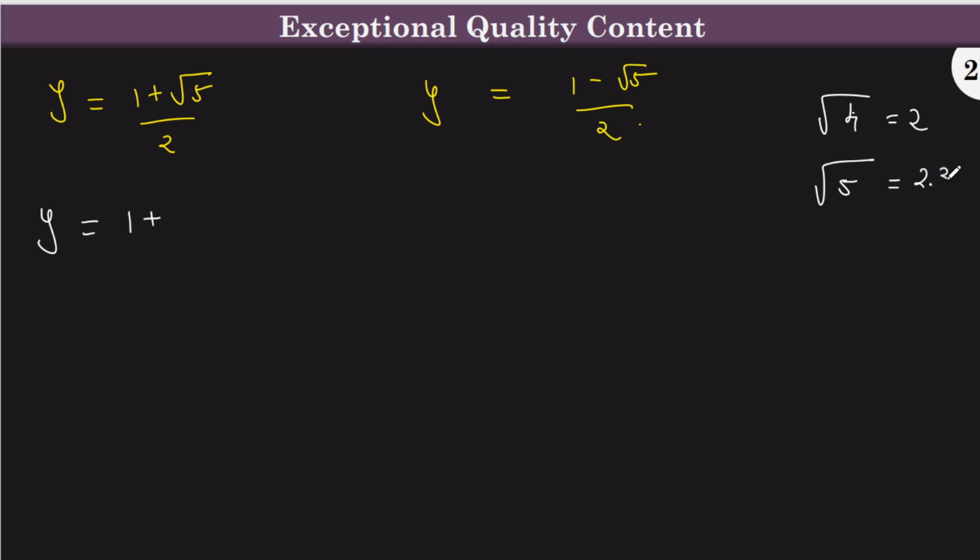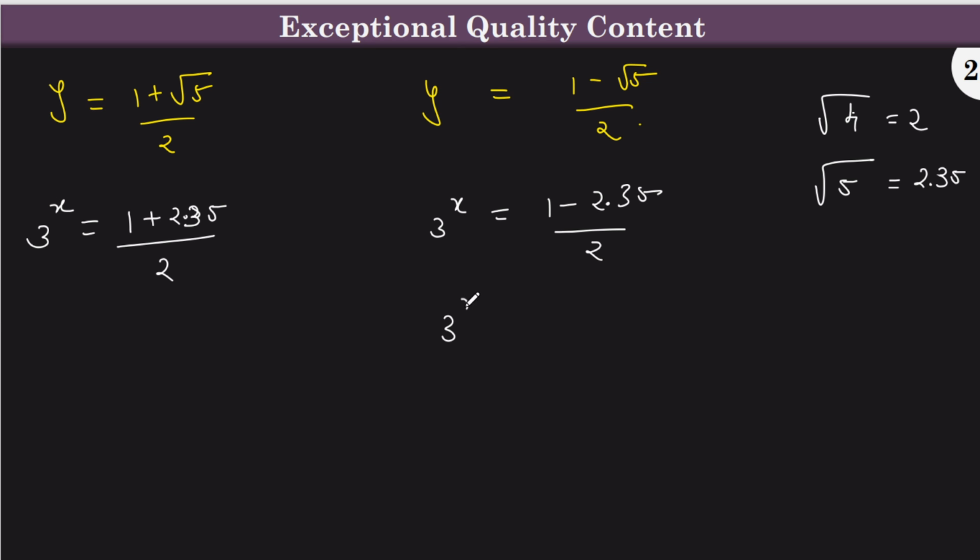Let us say 2.35, an approximate value; we don't need the exact value. So we take 1 minus 2.35 by 2. Now again, what is our y? y is nothing but 3 raised to x.